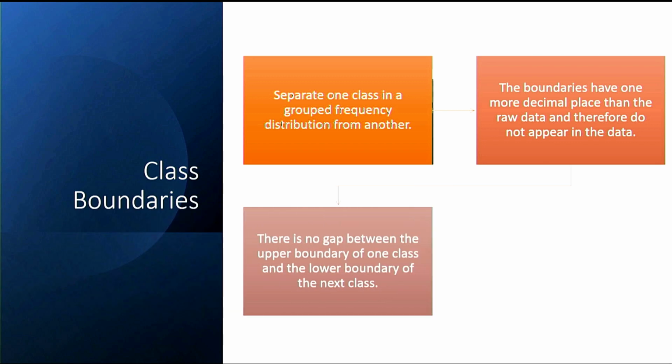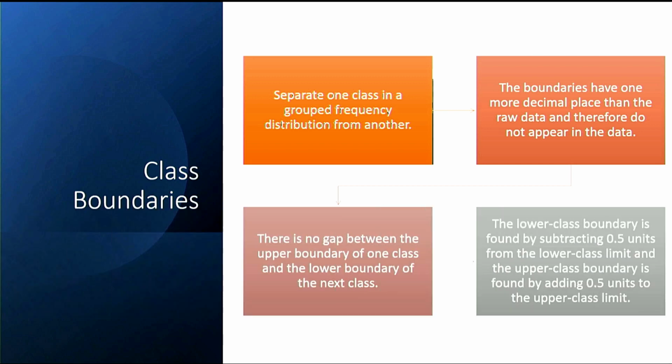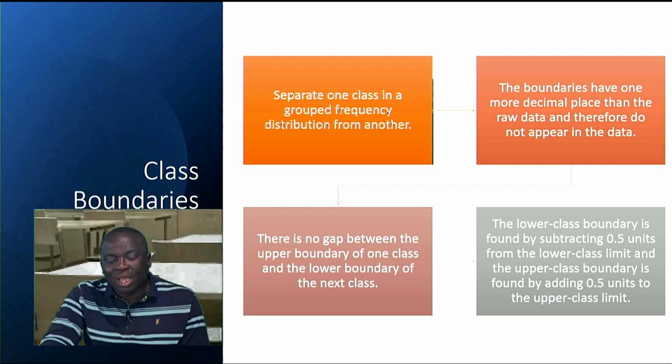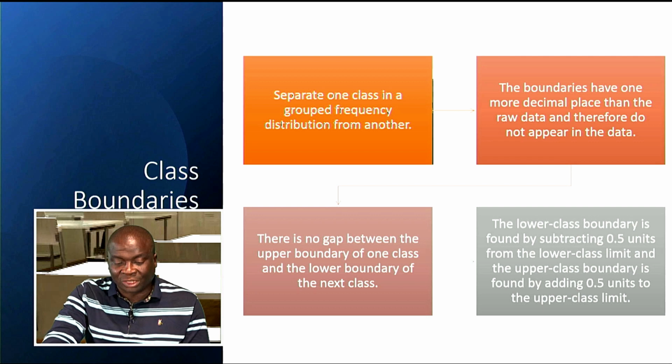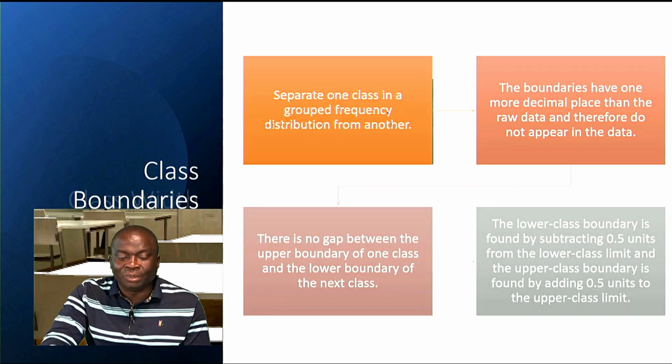There is no gap between the upper boundary of one class and the lower boundary of the next class. The lower class boundary is found by subtracting 0.5 units from the lower class limit, and the upper class boundary is found by adding 0.5 units to the upper class limit.